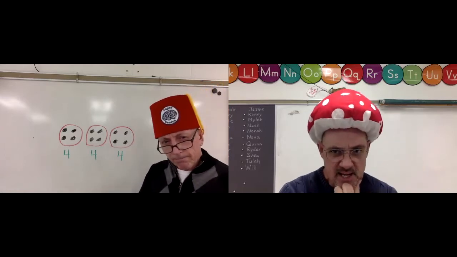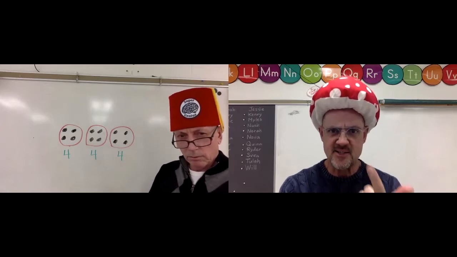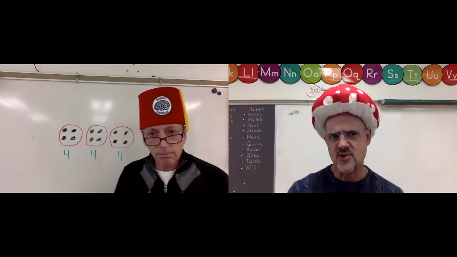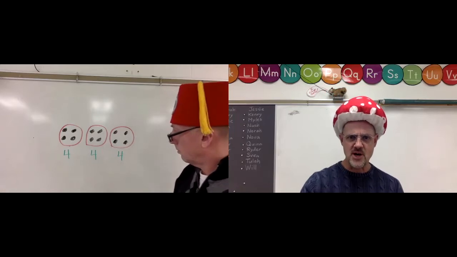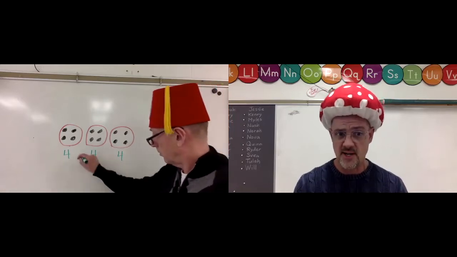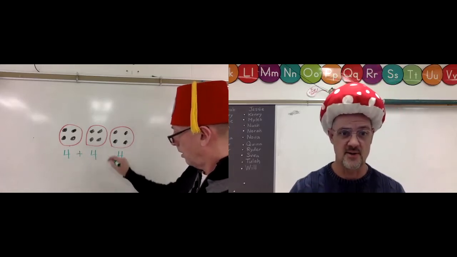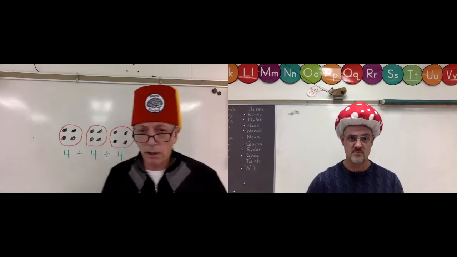Thinking? Yeah, you said operation. I think that means adding and subtracting. Mm-hmm. And so you said 4 and 4 more. That would be 4 plus 4, and then plus 4 more. See, that's how smart you are, Mushroom Guy.